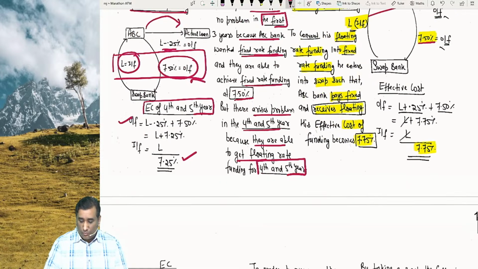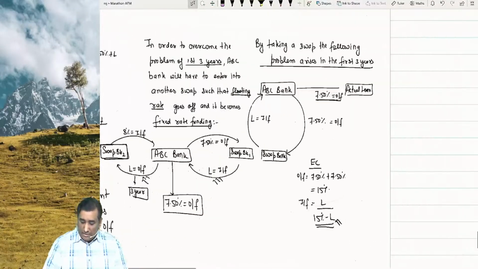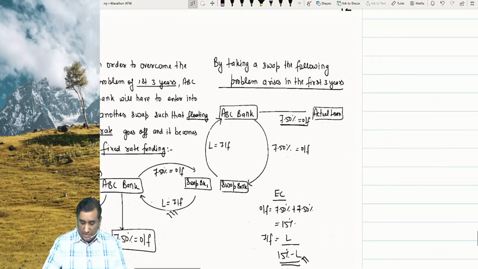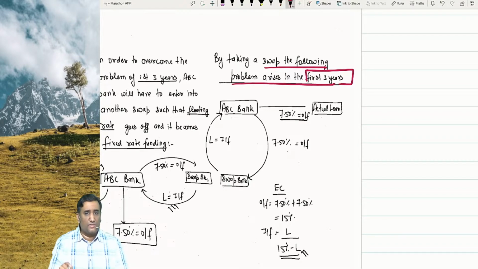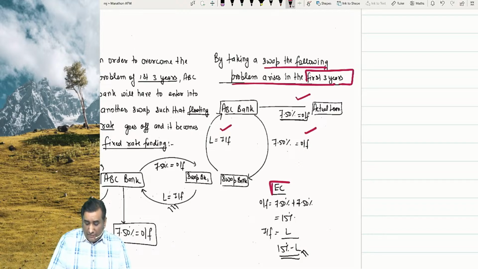Now the moment I take this part here, look at this. By taking the swap, the following problem arises in the first 3 years. What was happening in the first 3 years? Actual was 7.5. But since he created his structure in which he was receiving L as inflow and paying 7.5 as outflow, the effective cost for the first 3 years will be 7.5 outflow plus 7.5 outflow, and L inflow.